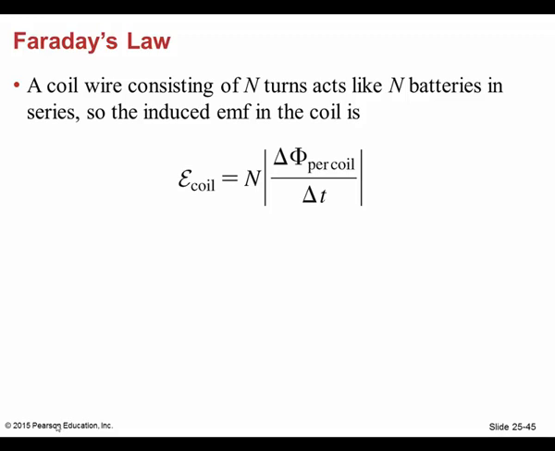And if you have a coil of wire that has a certain number of turns, then this is how we would find the actual EMF of the coil. You just take the number of turns times the change in flux per coil divided by the time interval in which the flux is changing, and you can find the EMF of the coil.